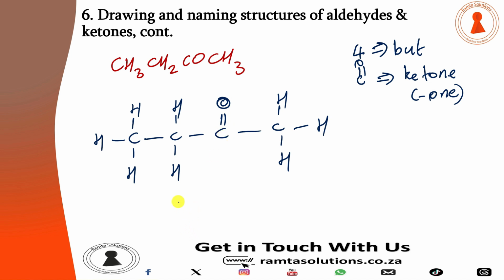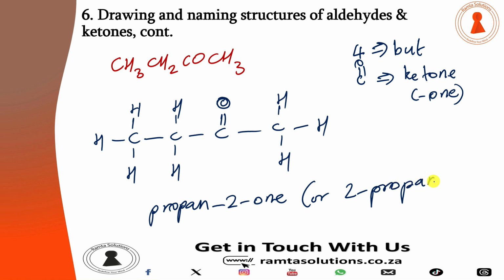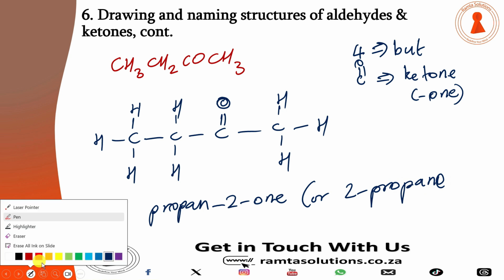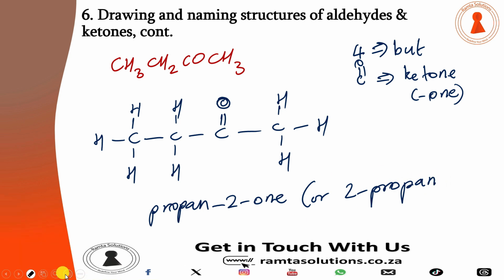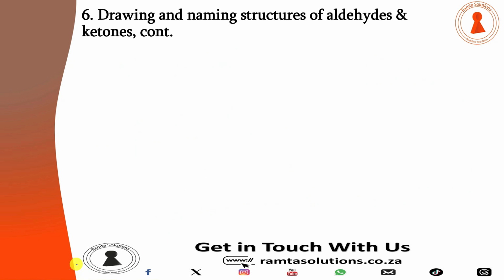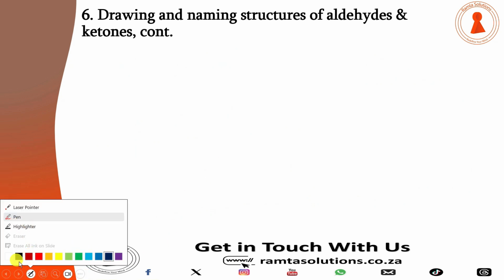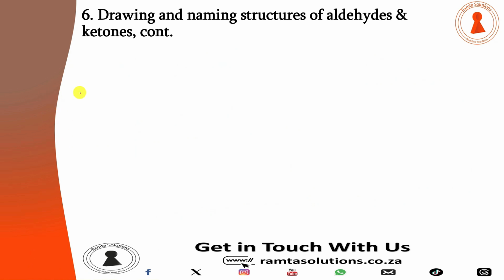So we will say this is butan-2-one, or simply 2-butanone. You guys see it? Perfect. Now, let's try another one. I think we have 3 more. So let's try another one.